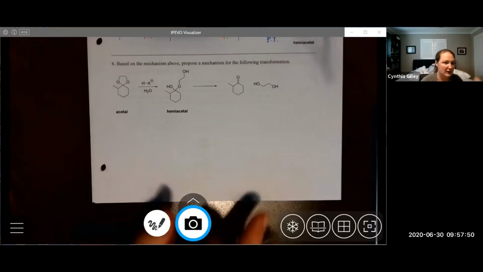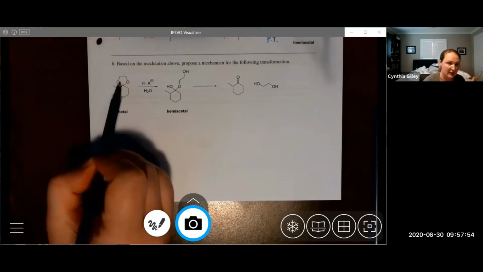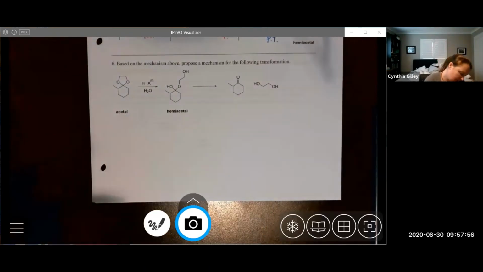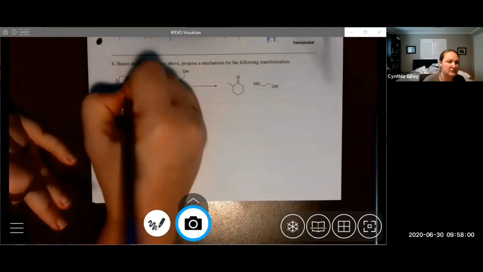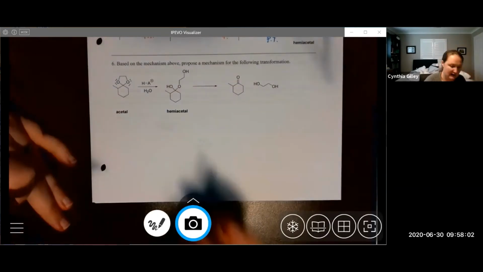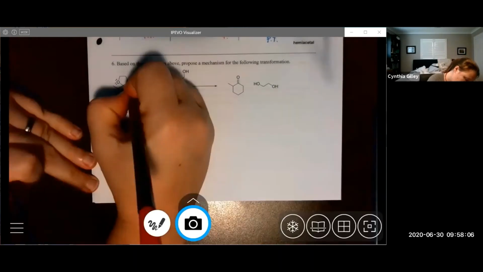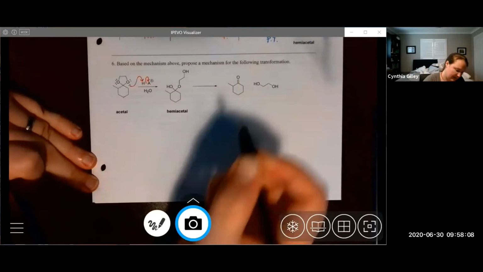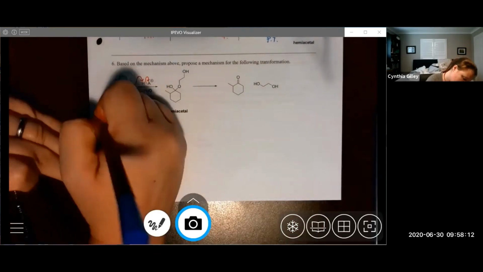So the goal is to completely kick out this diol to get back to the ketone. So this is neutral right now. Right? But there's strong acid around. So you can protonate it, make it more reactive. So we're going to do proton transfer.